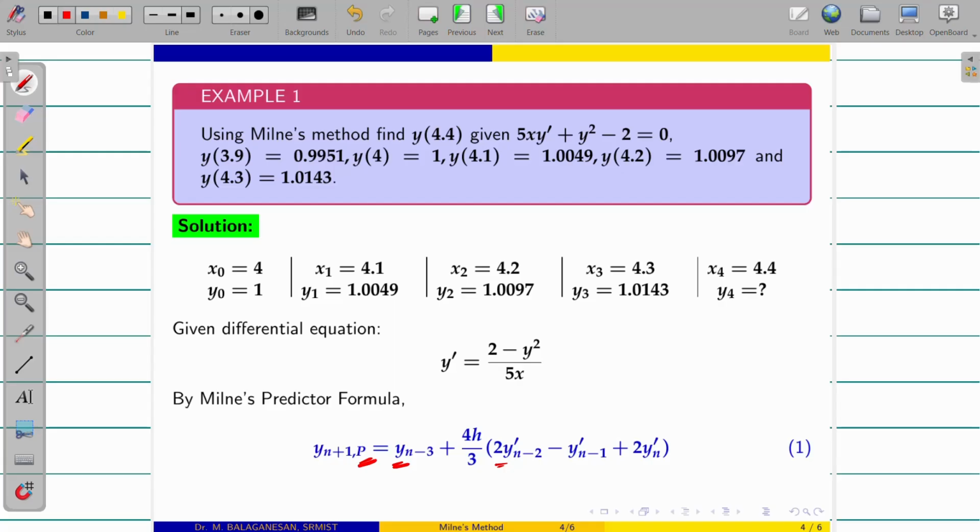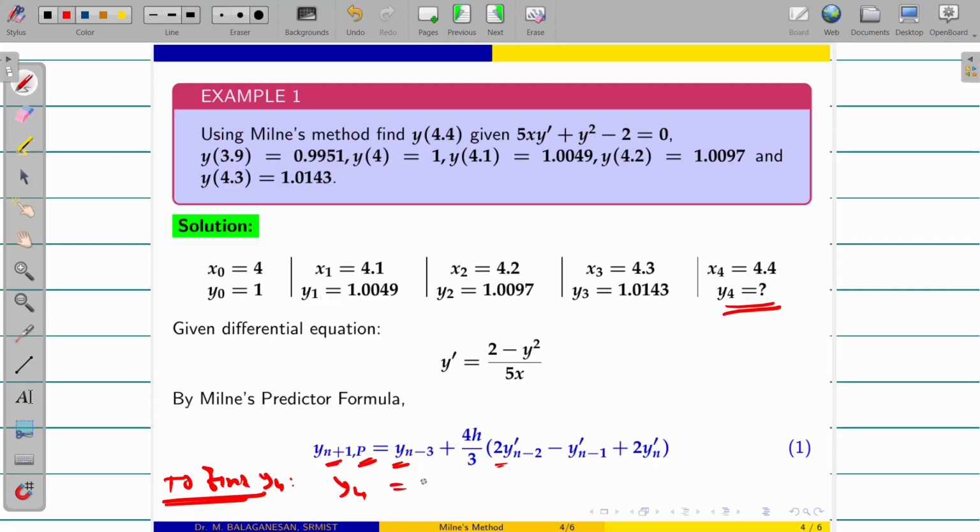Right. Now what do we have to find? y4 we have to find. To find y4, what do I have to give for n? Obviously we have to give 3. If we are giving 3, 3 plus 1 will be 4. Then what about the right hand side? Here it will be y4 comma p predictor.